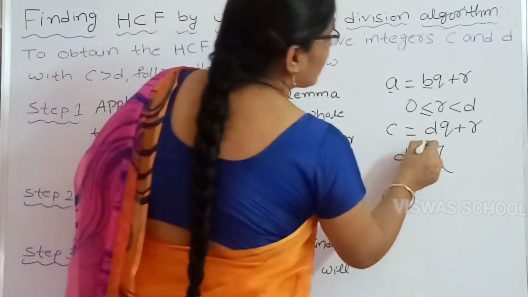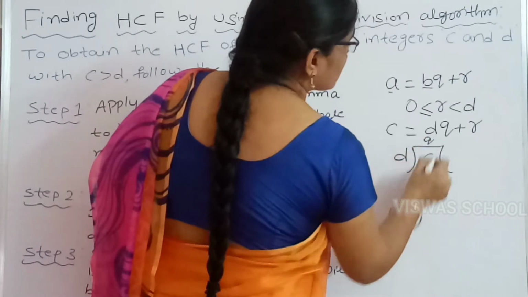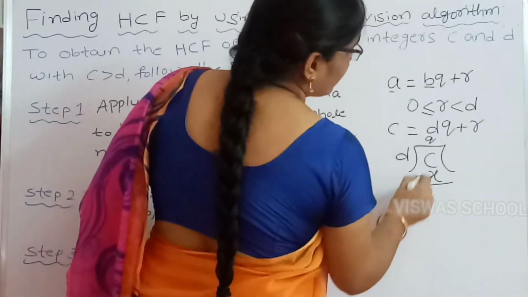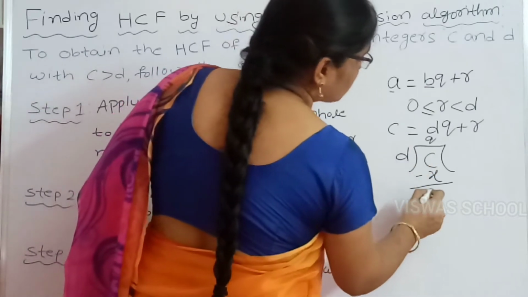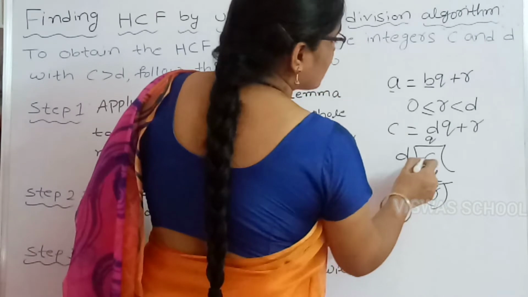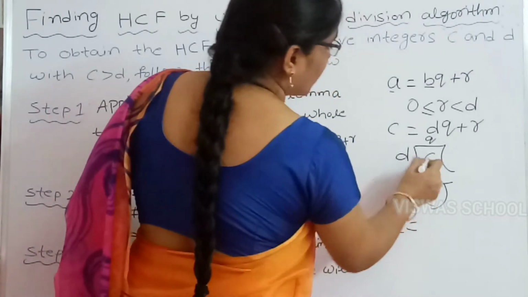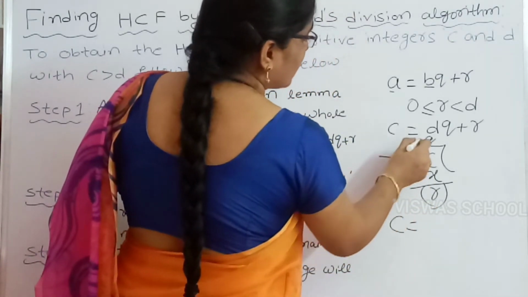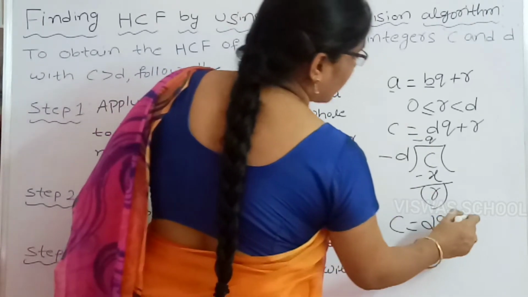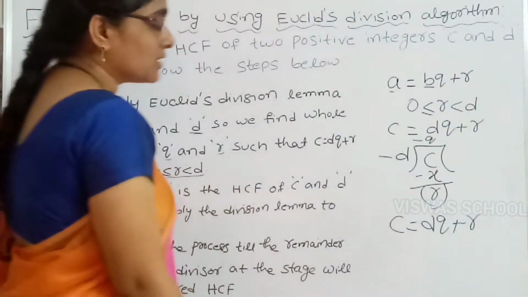Now here the quotient is q, and if you subtract, the remainder is r. So c, the dividend, equals the divisor times the quotient plus the remainder, that is, dq plus r.